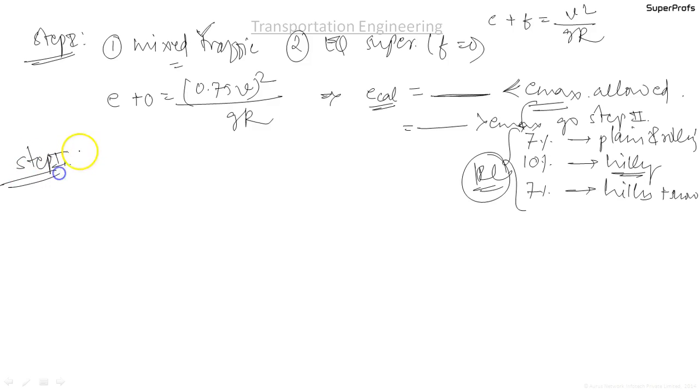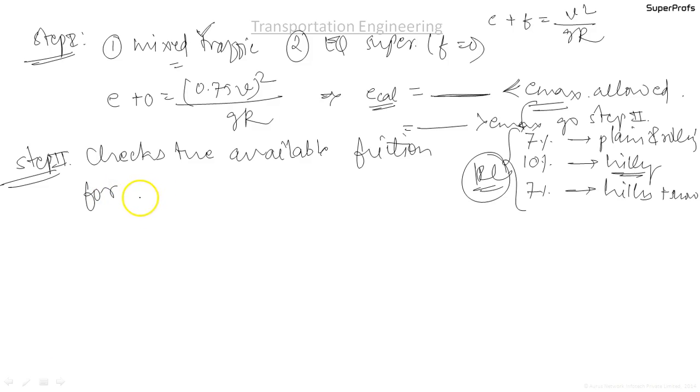What step 2 does is check the available friction for Emax and maximum, that is the design speed. You have to adjust this E calculated value to Emax and go to step number 2.